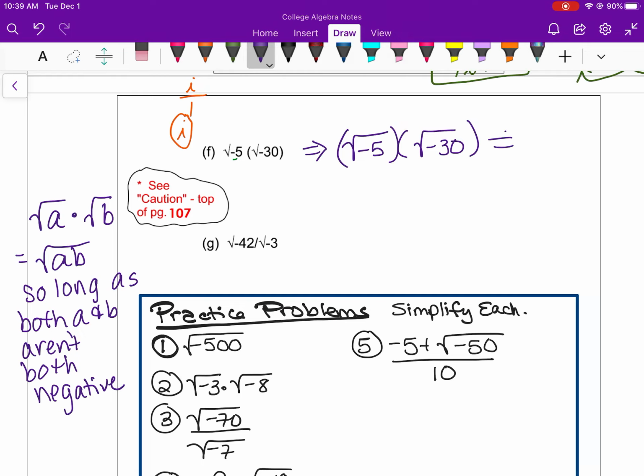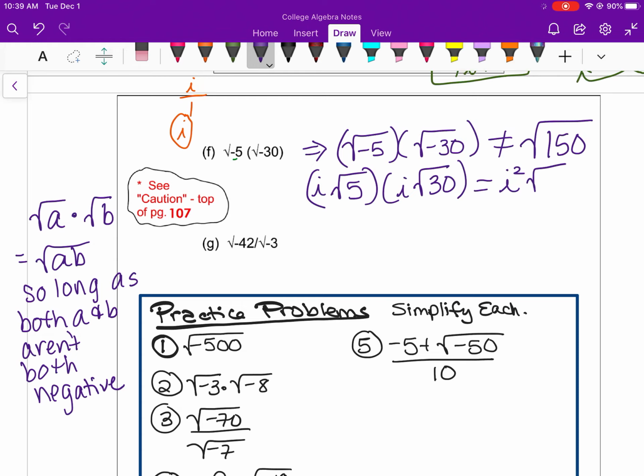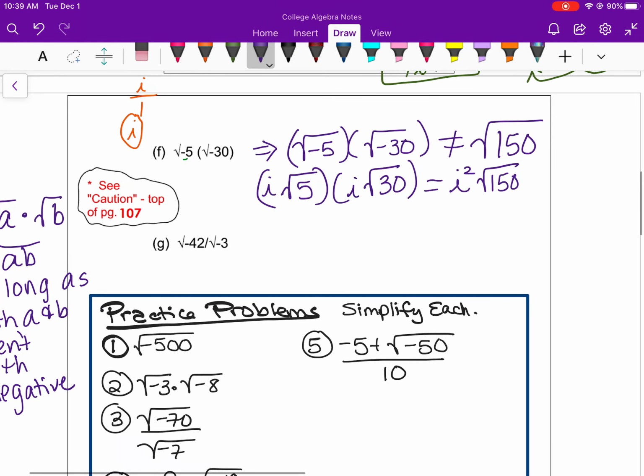So it's wrong to say this is the square root of 150. I can't do that because both of these are negative. What you can do, though, is write that as i radical 5 times i radical 30. And then I have i squared radical 150. So now I can combine them. That's negative 1.